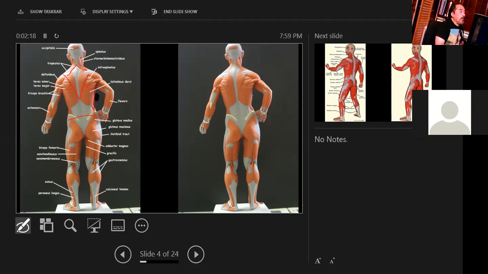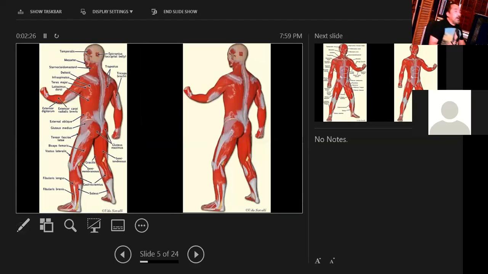And my scalp here, occipital is part of the scalp. You can see it back here. All right, and then moving on. Trapezius, a trapezoid-looking muscle. Okay, nothing much I can show you on this one.